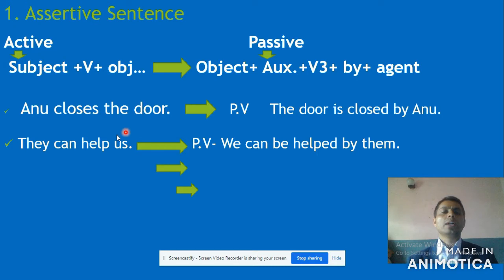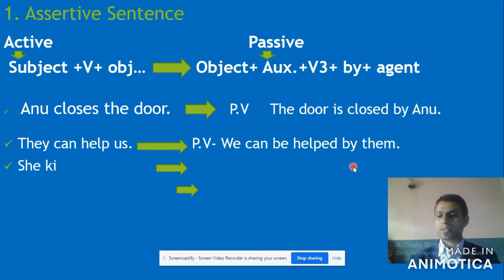Because I already taught you, if there is a modal verb, there must always be the be verb with it. We can be, then help is the base form of the verb, verb 1, which changes into verb 3. So it becomes be helped, helped by them. They becomes them. Got it?